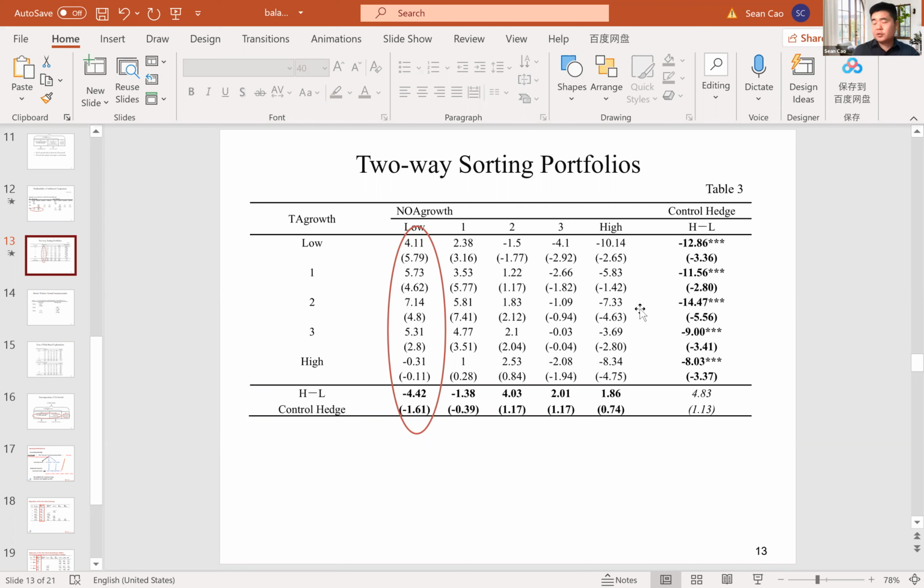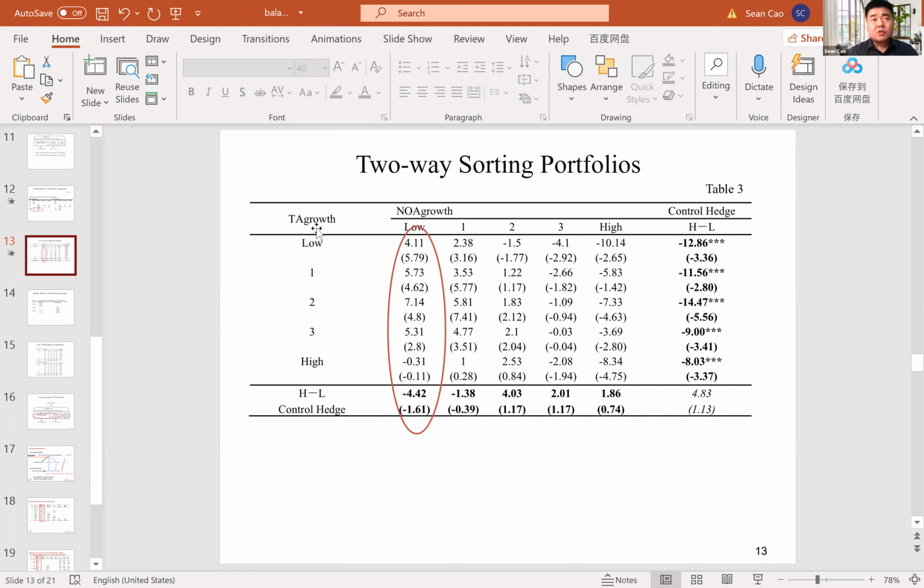This is a very important test for you when you do the trading strategy. Why is this important? Let's look at the rows. You can follow my mouse, right? Let's look at the first row.